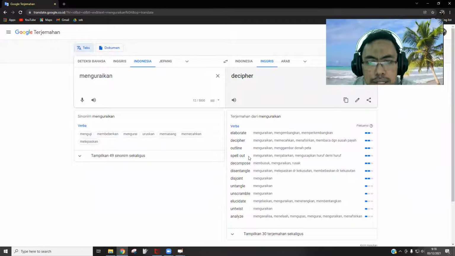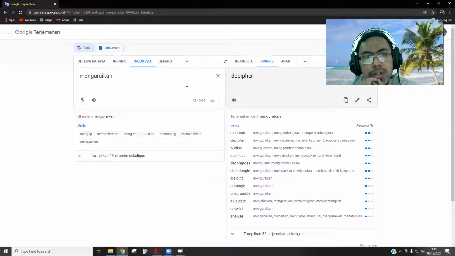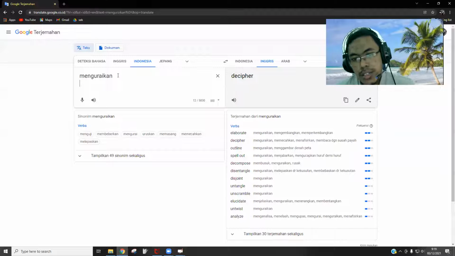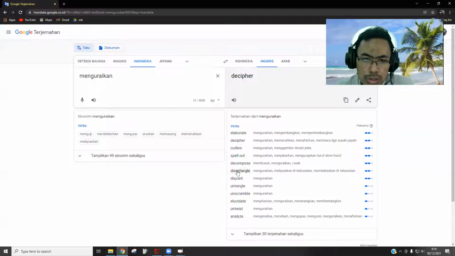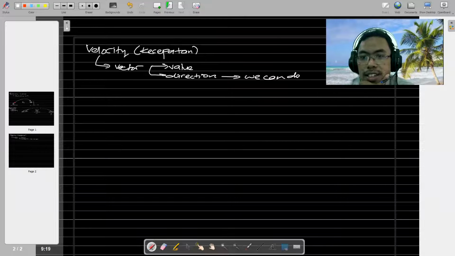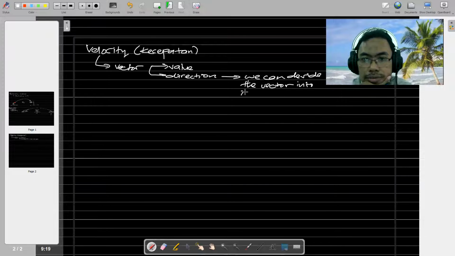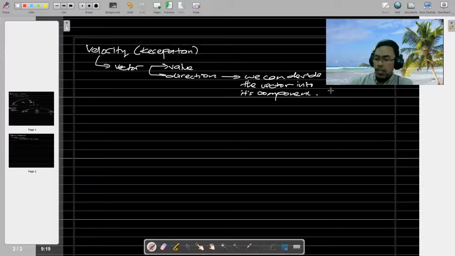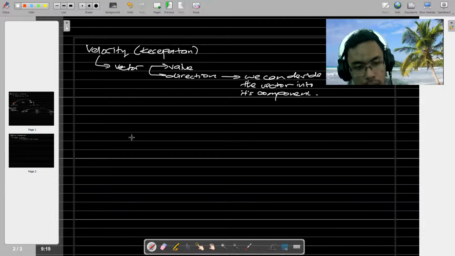It's hard. But actually, in bahasa Indonesia, what I mean is menguraikan. So I will use decompose or whatever. So we can divide the vector into its components.